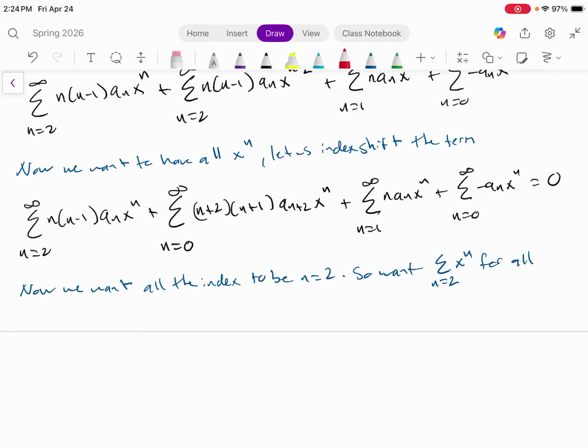And so what do we need to do? We need to peel off terms. I need to peel off n equals 0 and n equals 1 for this second term.